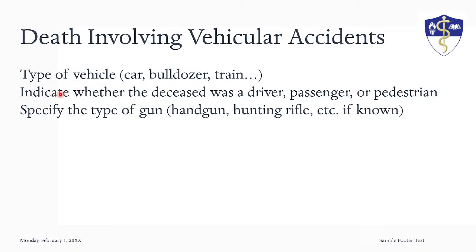How are we going to say that motorcycle injuries are deadly, or rampant, and have increased because of certain interventions? So we're going to place the type of vehicle. Indicate whether the deceased was the driver, the passenger, or the pedestrian. In the past two modules, you heard me saying driver, passenger, or pedestrian.